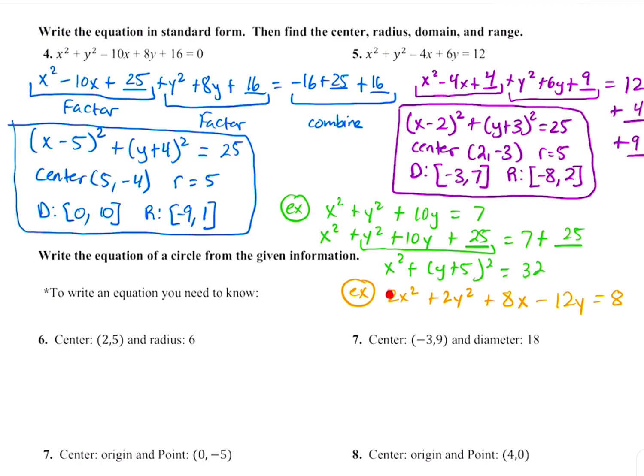Notice how I don't have ones in front of those squared terms. If that's the case, then my first step is going to be to divide everything by whatever those numbers are. And for a circle, these will be the same number. Otherwise, it's not a circle. It would actually be an ellipse, which we're going to talk about in our next section. So you would need to divide everything by whatever this number is, and then you would go into your completing the square process.